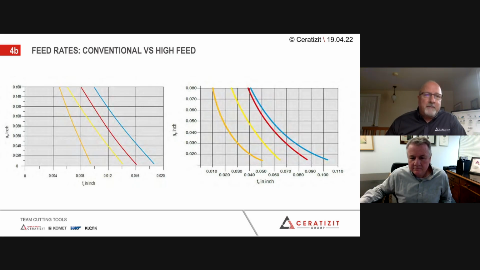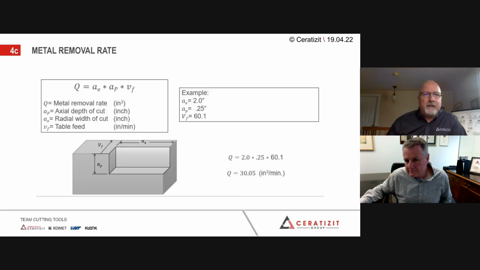This is significant. In many cases, this is going to be significantly higher metal removal rates than conventional systems. But you would have to do the calculation. And basically it comes down to what that metal removal rate actually is.